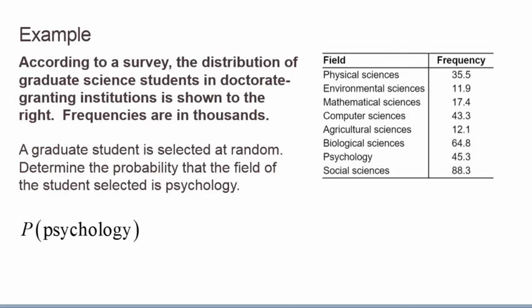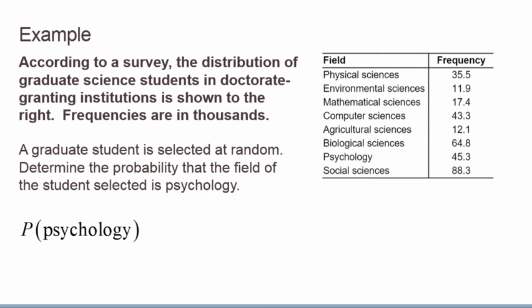Physical science is 35.5, environmental sciences is 11.9, mathematical sciences 17.4, computer sciences 43.3, agricultural sciences 12.1, biological sciences 64.8, psychology 45.3, social science 88.3.